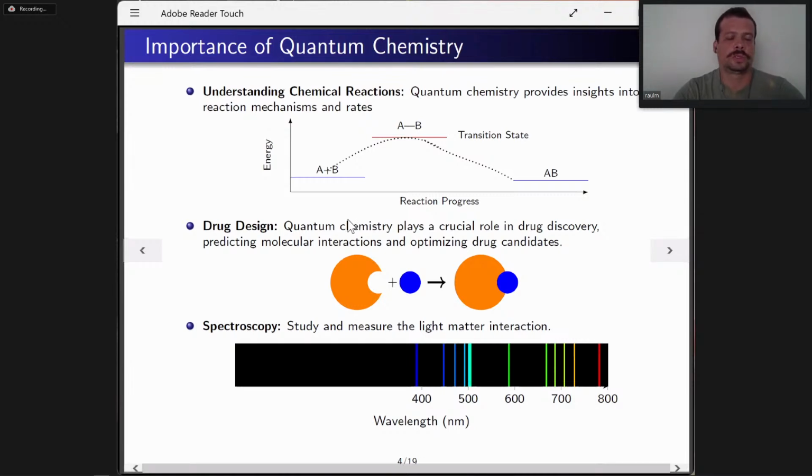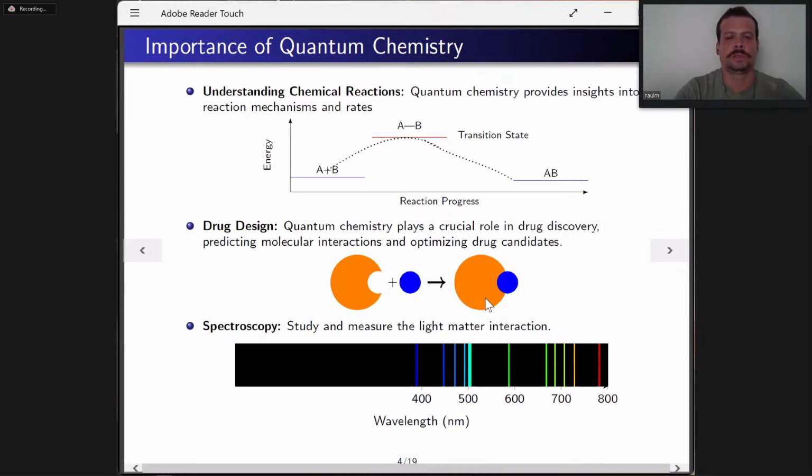Another important use of quantum chemistry is drug design. Whenever a drug is designed, we need to target a protein, an enzyme, or something in our organism. In this example, the orange circle is the enzyme, and this blue dot is the drug.